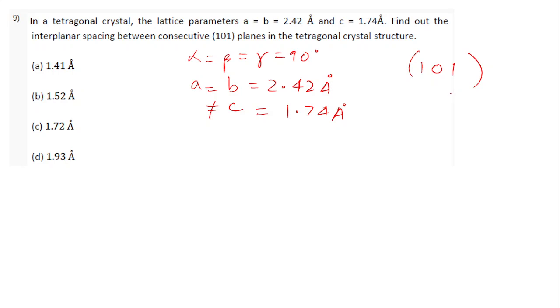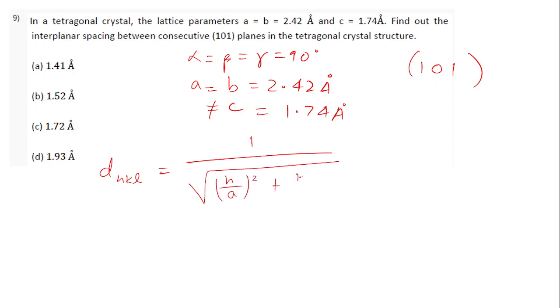Okay, so recalling the formula, for cubic we used to get the direct formula because A equal to B equal to C, but here it's not cubic, it's tetragonal, so the formula that we'll use will be this one: h by A square plus k by B square plus L by C square, all under the root.